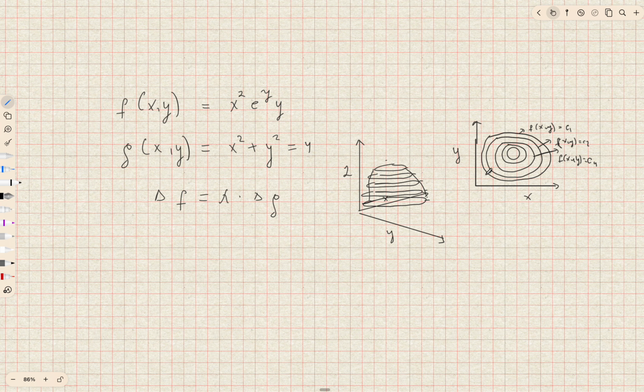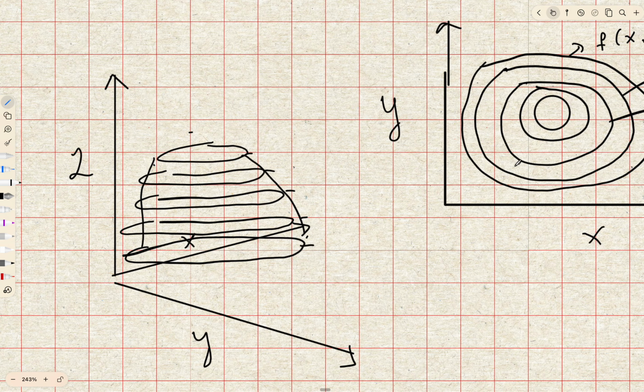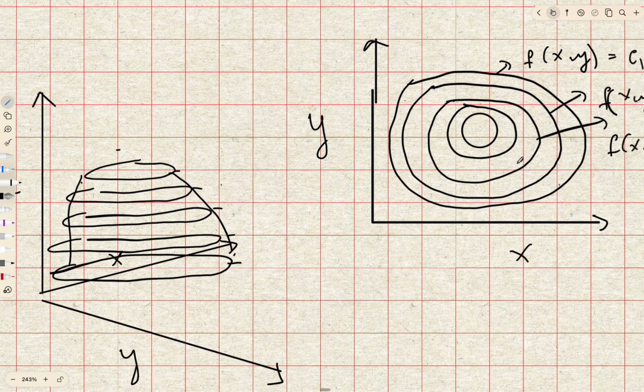And one more important point here is that, let's say we are at this point in the function. Let's say we are at C4 at this point. In which direction should we go in order to reach the next value of our function?